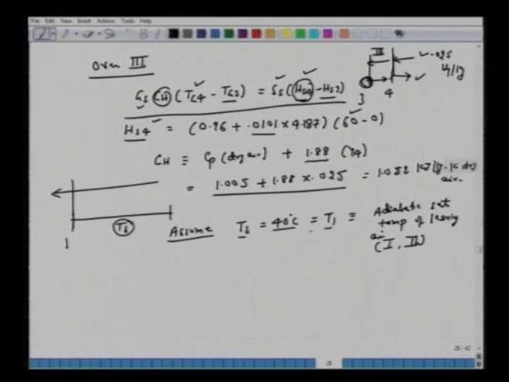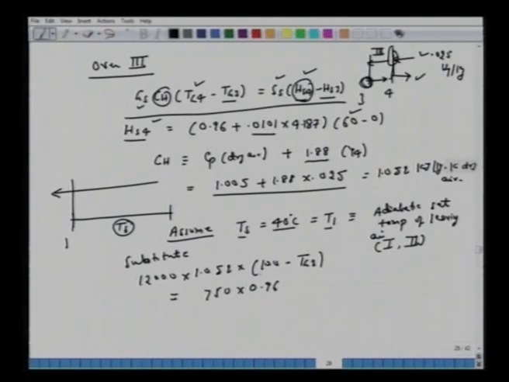So now we assume this and we substitute. Let's say GS 12,000, CH we calculated 1.052 just now, Tg4 is 100 degrees centigrade, the temperature of air here, 100, minus Tg3, which is not known to us. SS, solid flow rate we know, 750, into now HS4 minus HS3, which is nothing but solid specific heat, which is 0.96, into 60 minus 40.